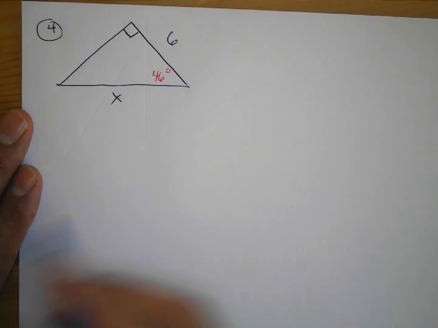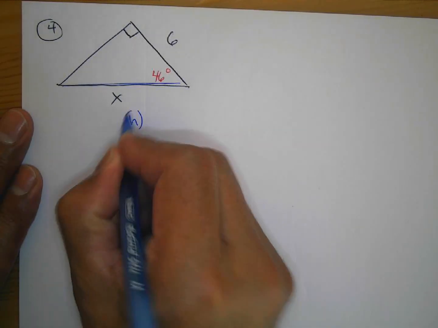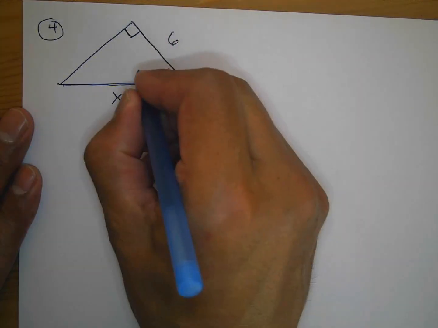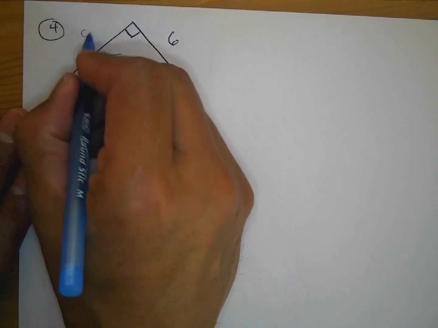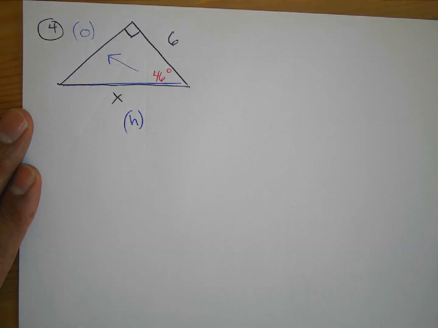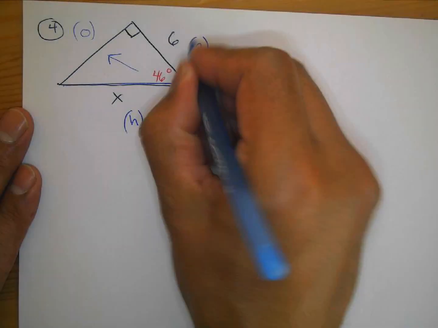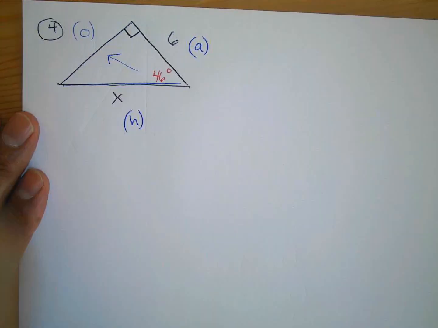Label the sides. Start with the hypotenuse side. This is the hypotenuse, that's h. This is the opposite side, but I'm not using it. So it's the side that has the what? I'm using the function that has an a and an h.